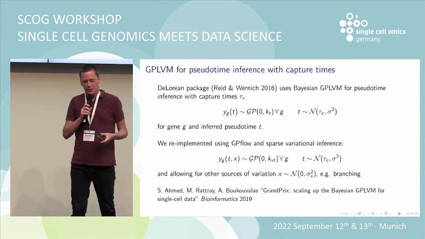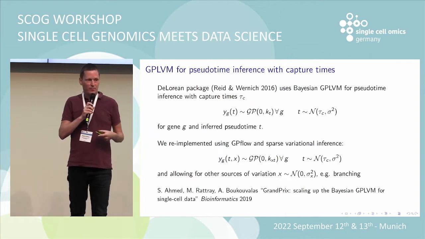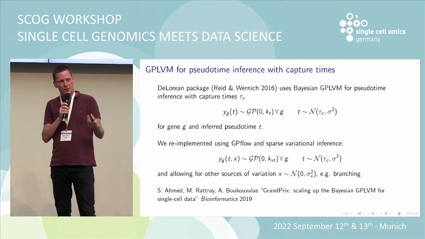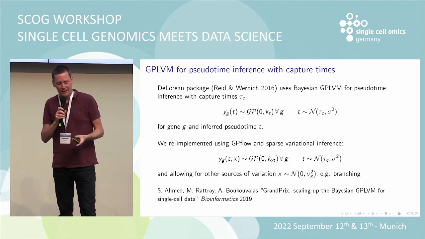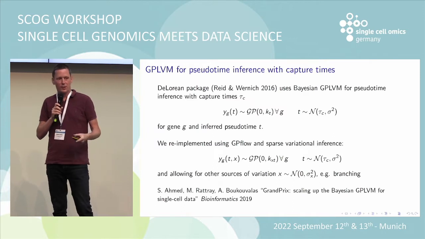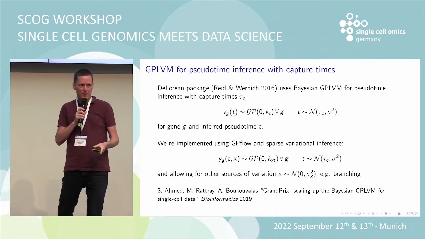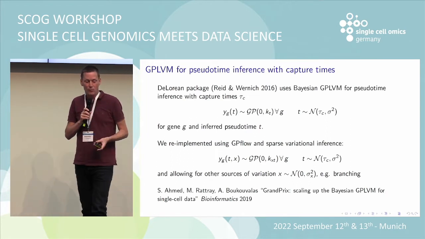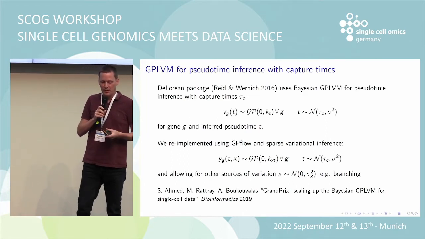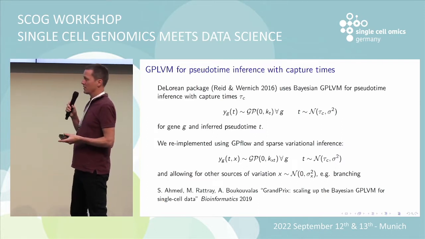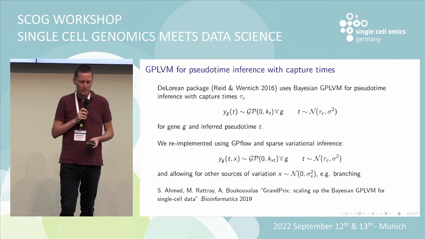So we introduced a little variation by introducing, as well as having this capture time, also some additional covariates. We call those X, and those can capture other variations. So you might have pseudotime, but you might also have some other variation that can capture things like branching in time. And then we did a much more efficient implementation using GPflow and these sparse variational methods, so it really scales up to big single-cell data.